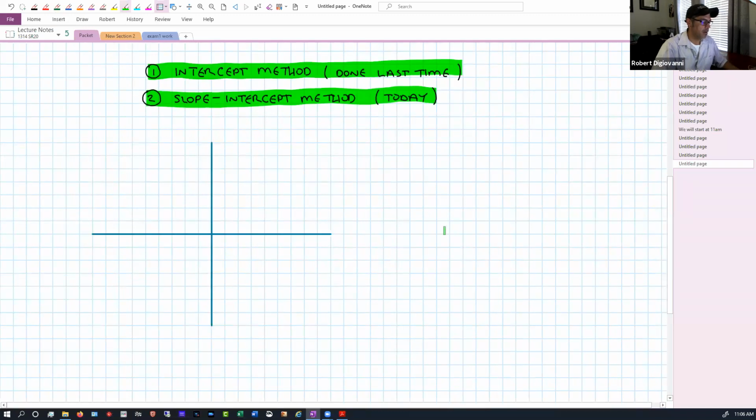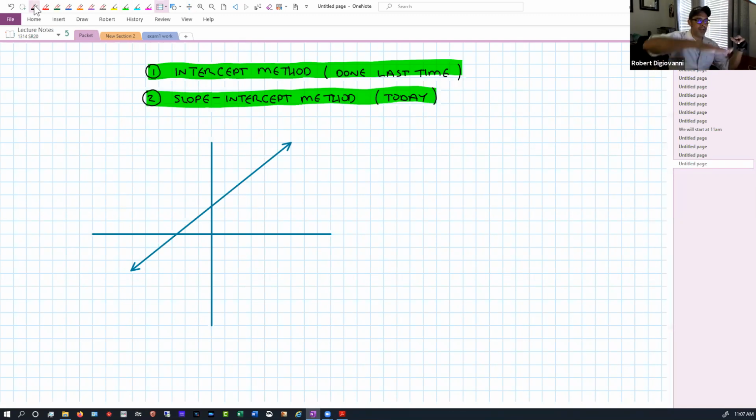Okay, so here's our little graph paper, and I'm just going to draw some arbitrary line. Just going to make it up. Let's go with that one right there. Okay, so from this line, what I hope everyone can see is that this would be the case where both x and y appear in the equation.